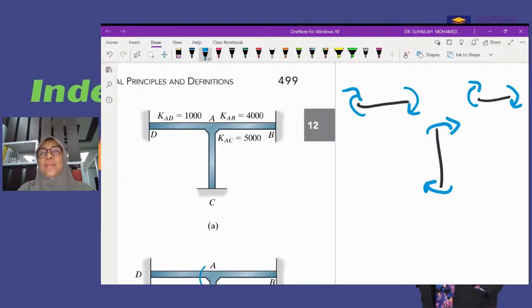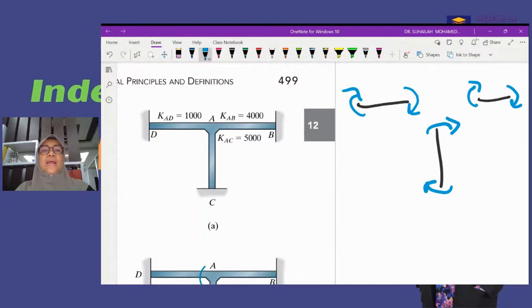So one element has two member end moments. The number of distribution factors we must calculate is equal to the number of member end moments. We know there are three members, so there are six member end moments. This is the first output that we are going to calculate or analyze. So we will have six distribution factors.